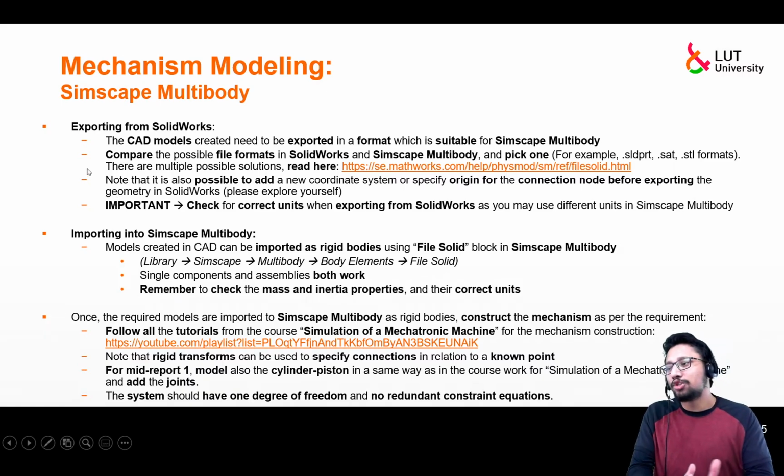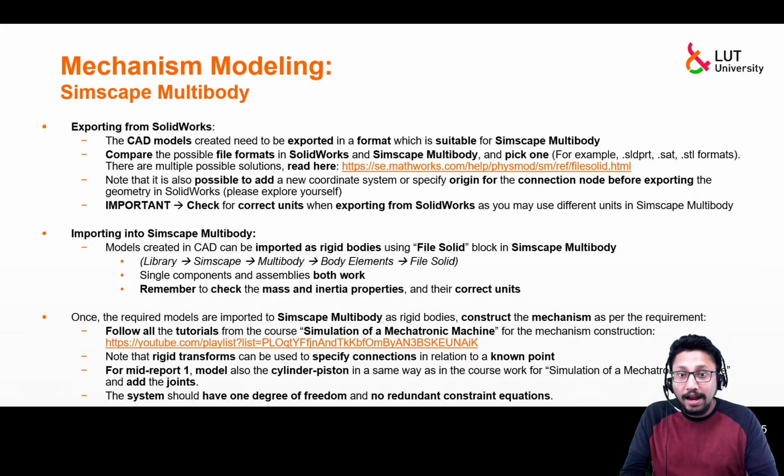Note that when you export your CAD model, it is possible to add a new coordinate system or specify the origin for the connection node before exporting the geometry in SolidWorks. As I have been telling you already, you need to define the origin very carefully. This part needs to be explored by you.